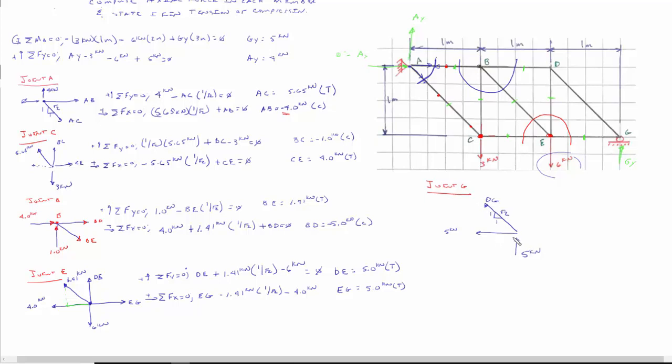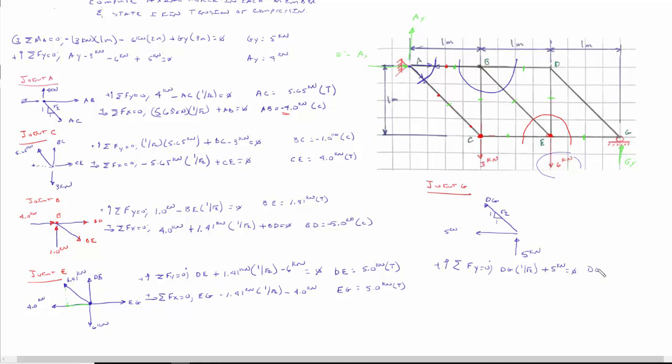Now I could sum my forces in the x, or I could sum my forces in the y, and you could tell that you're going to get the same answer either way, because both of them are 5 kilonewtons, and this is a 45-degree angle. So if I sum my forces in the y direction, I'm going to get DG times 1 over square root of 2, that's going to be positive, plus 5 kilonewtons is equal to 0.